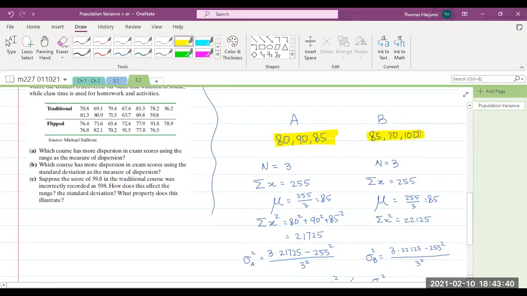Why? Because this person has our largest standard deviation. He may do very, very well in the final, but he can also bomb his final. This person can do very, very well, but also did quite poorly sometimes. While Mr. A, on the other hand, is quite consistent around 80s to 90s.